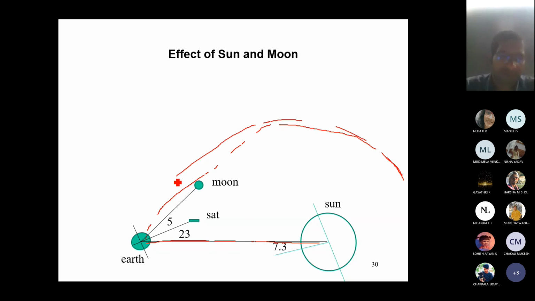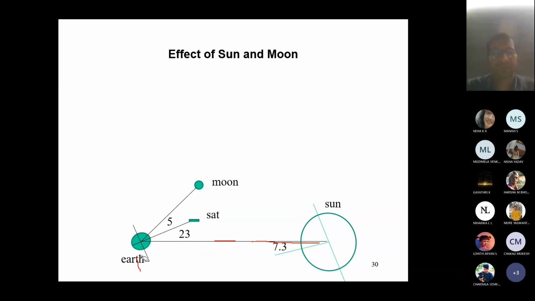My drawings are not perfect, but I assume this is the orbit. So this is the orbit in which the Earth is moving around the sun, and this straight line represents the orbital plane. All right, so this straight line represents the orbital plane. That means it is the plane in which the satellite is rotating around the sun.